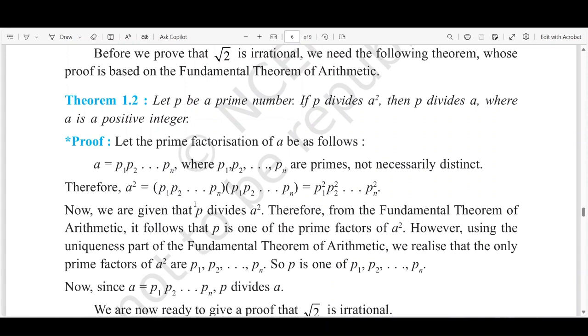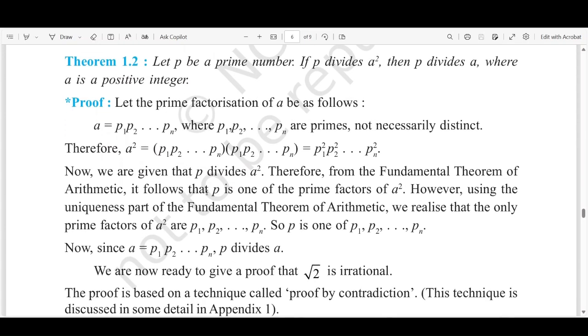So whenever you consider a prime number and it is given that p divides a square, then definitely that same prime will divide a, provided a is a positive integer. So they have given the proof of this theorem. It's very simple. Let me explain this.